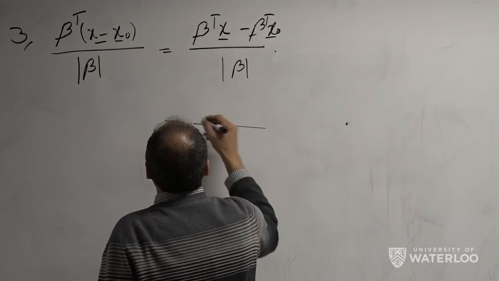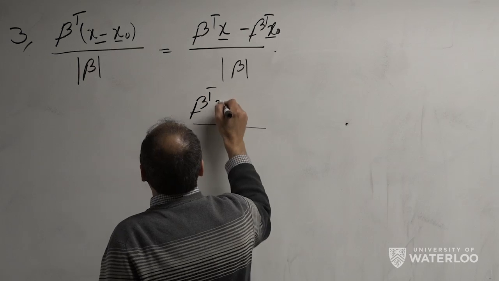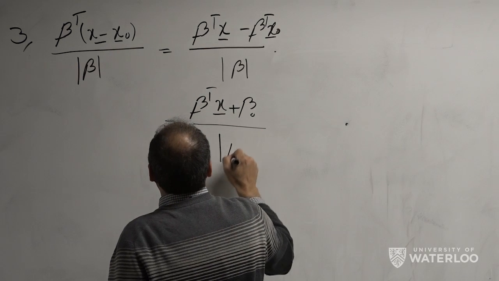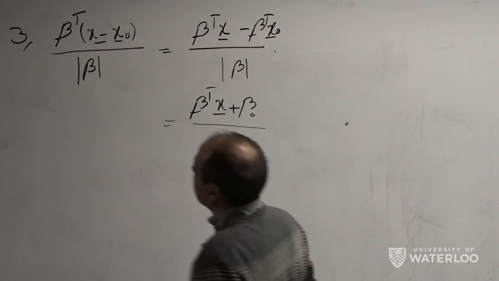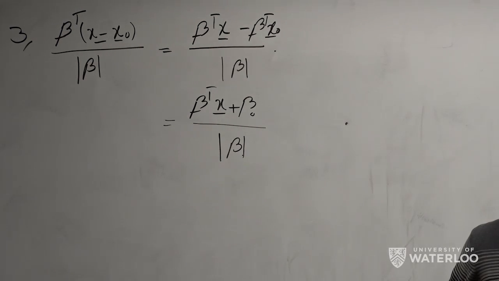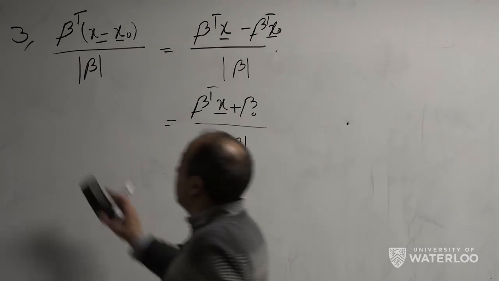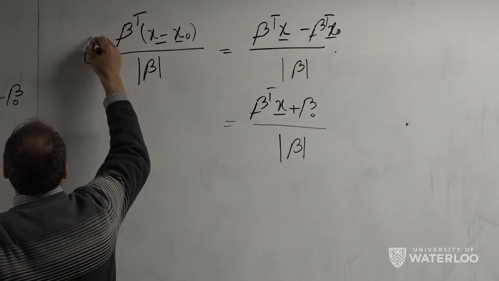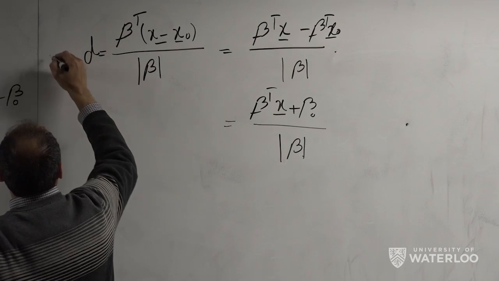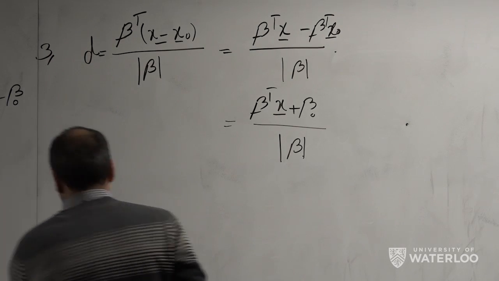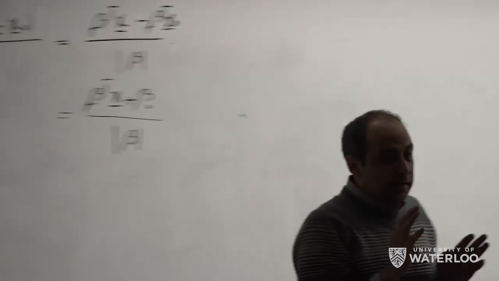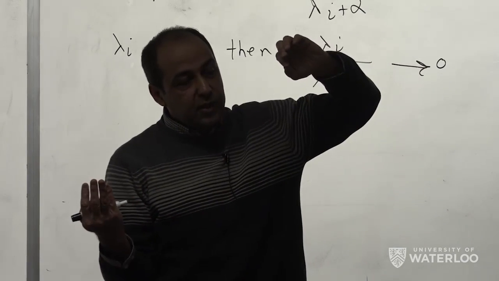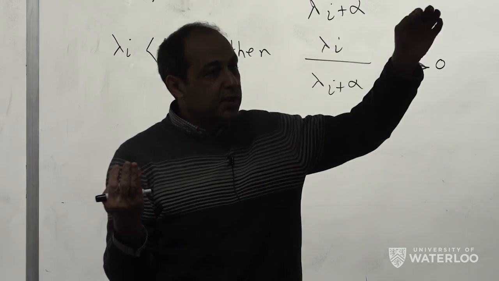So this is beta transpose x plus beta null over the norm of beta. This is the distance from the hyperplane. Let me call it d. This is basically the signed distance. Remember from perceptron, if on one side of the hyperplane it's positive, on the other side it's negative.